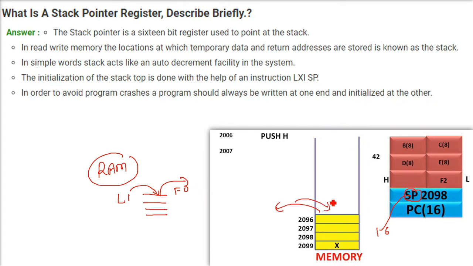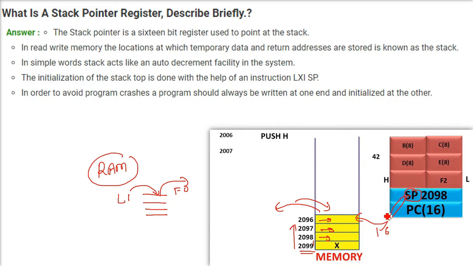The initialization of the stack top is done with a proper instruction, that is LXI SP. What you see here is the starting address initialization. When this instruction is executed, the stack is made. You put the items on the stack one by one.